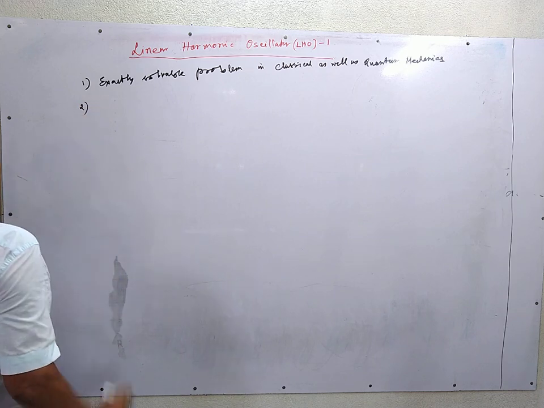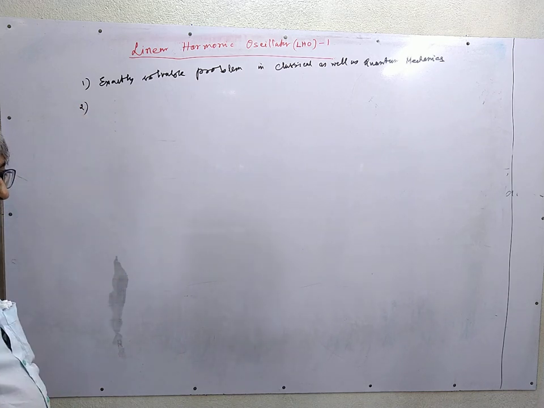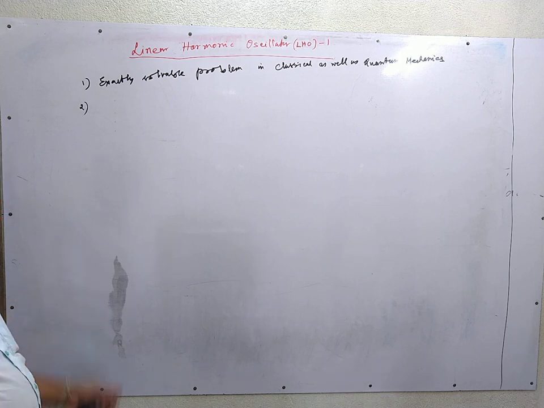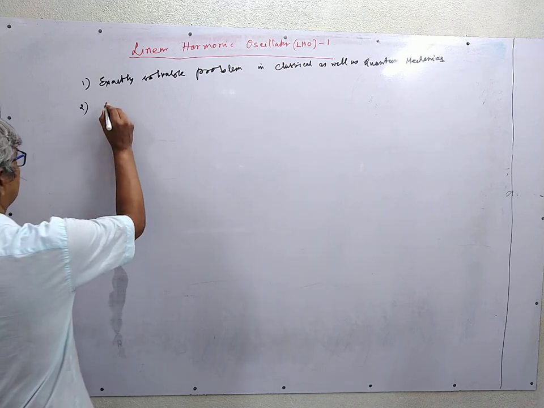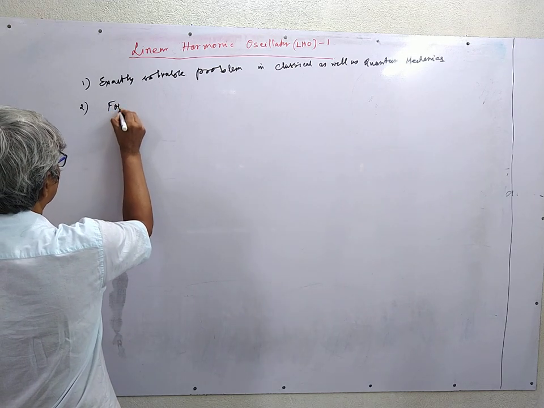Fourier theorem enables us to express even an aperiodic motion as a combination of simple harmonic motion. Fourier theorem.